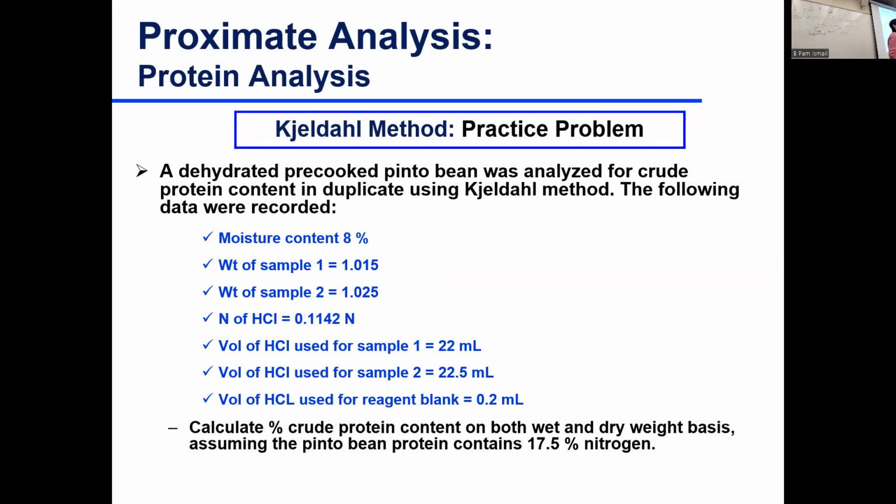That means it's been dried before you did the analysis, so your value will be on dry basis. You want to convert to wet basis knowing that the moisture content is 8% of the original sample. This is practice for you because you'll be doing a lot of calculation, dry to wet, wet to dry, in the lab for your report. So that's practice.